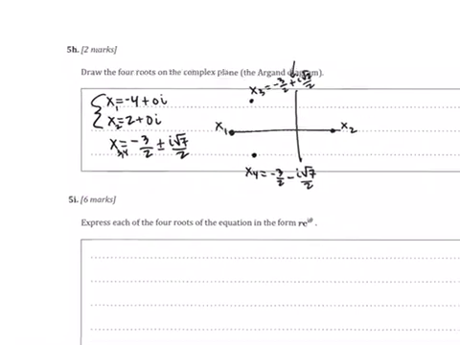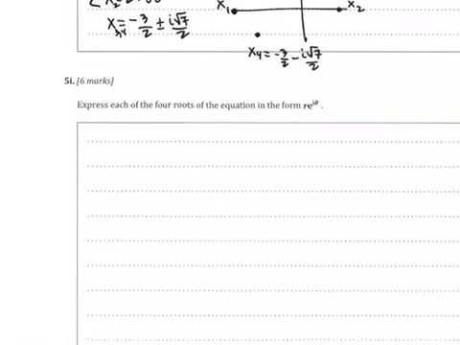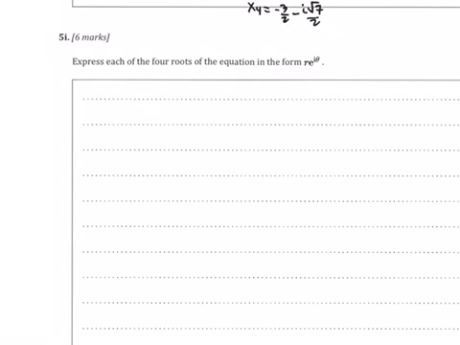Okay, now it says in part I to express each of the 4 roots in the form r e to the i theta. So if I had x equals negative 4, that would be 4 cis pi, which would be equivalent to 4e to the i pi.